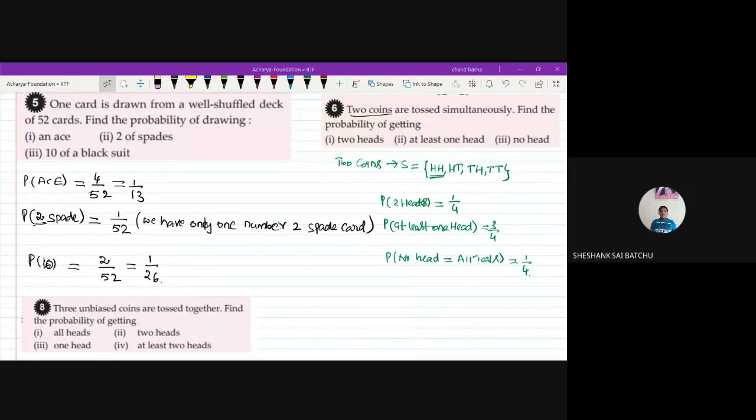Sir, what is meant by 3 unbiased coins? And what is the difference between 2 heads and at least 2 heads?